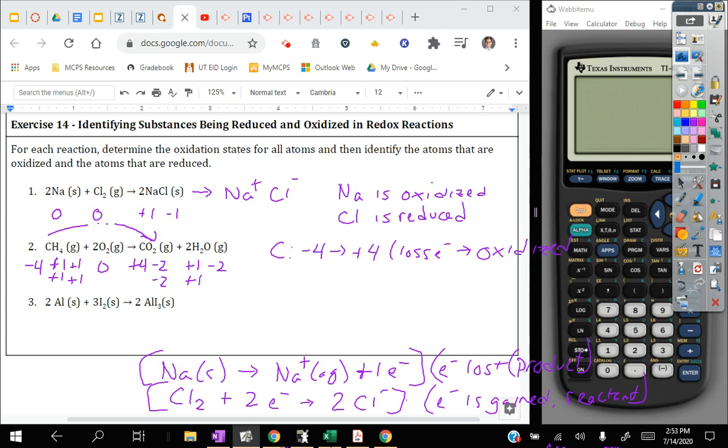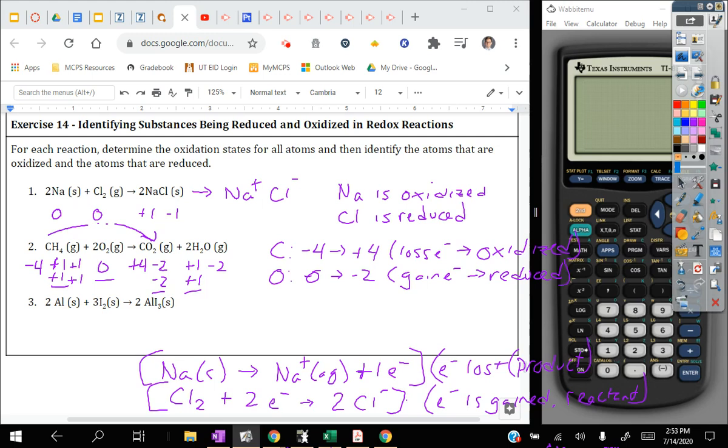So carbon is oxidized. Hydrogen starts out as +1 and stays as +1, so there's no change. But oxygen goes from 0 to -2. That means gaining electrons. Therefore, oxygen is reduced.